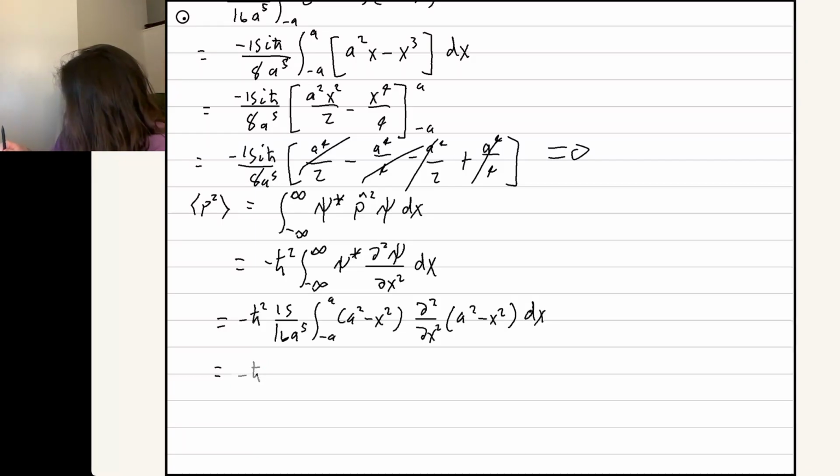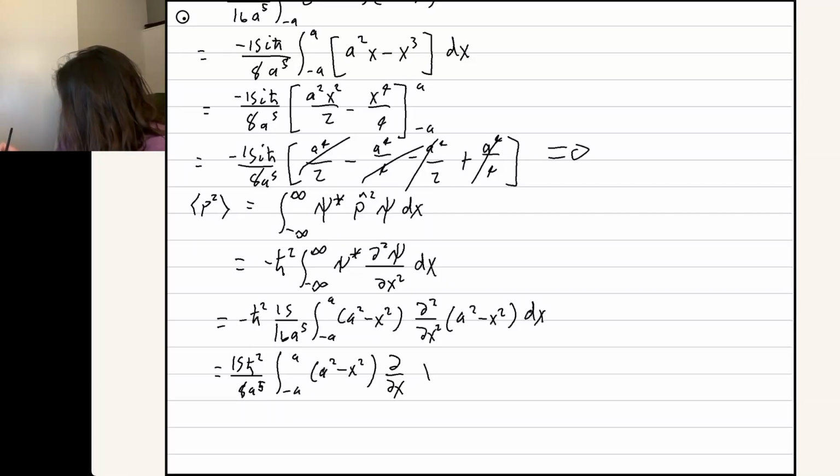We already know that the first derivative is minus 2x, so I'm going to factor out a 2 and a minus sign first of all. So you have 15 h bar squared over 8 a fifth, integral from minus a to a of a squared minus x squared times del x of x dx, which is just 1.